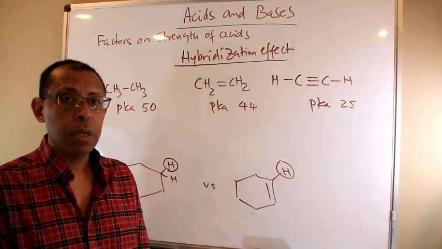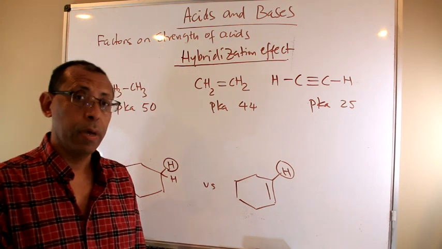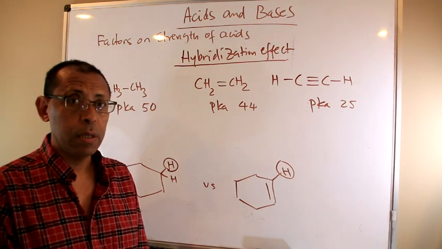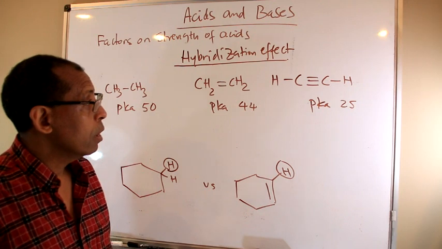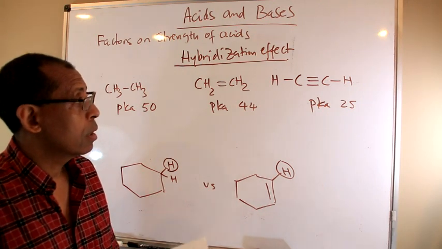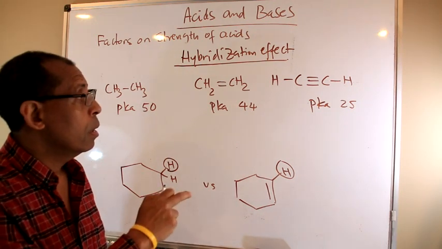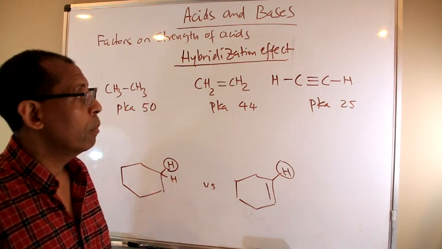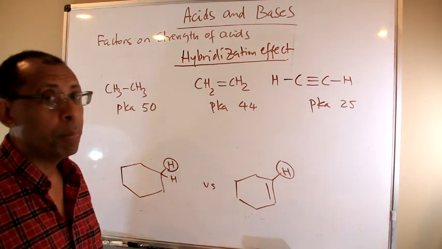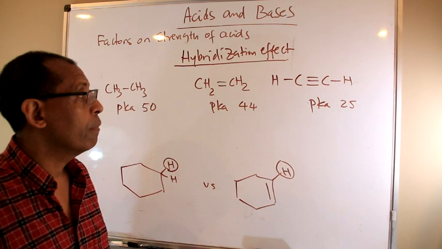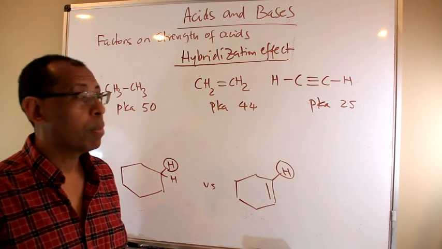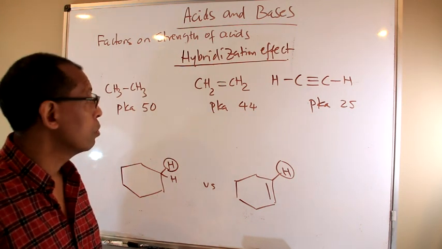Okay, we'll be discussing hybridization effects, how they affect the strength of an acid, and relatively what factors affect the dissociation of that proton, which is particularly dependent on the hybridization of the element to which that proton is attached.